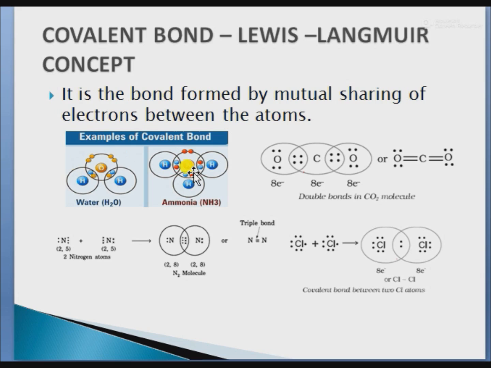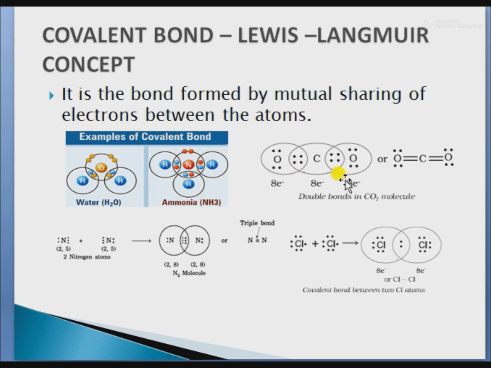Next is the example of ammonia, in which nitrogen shares its 3 electrons with 3 hydrogen atoms and completes its octet.